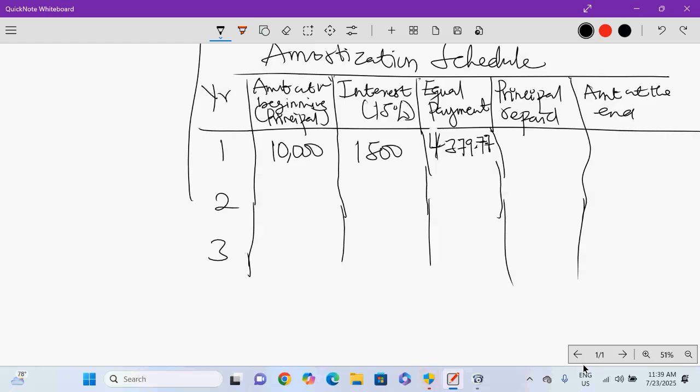Interest is 1,500, so the principal repaid will be 4,379.77 minus 1,500, which gives 2,879.77. So what will be the amount at the end?